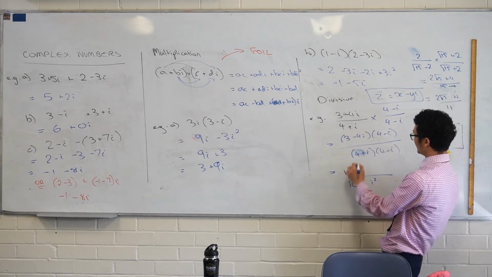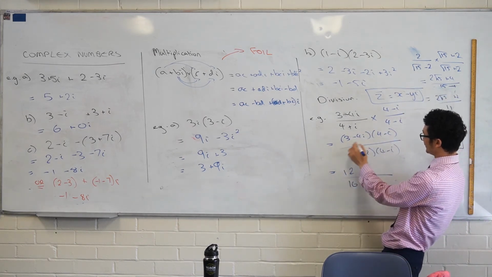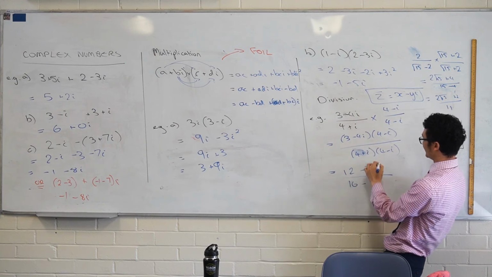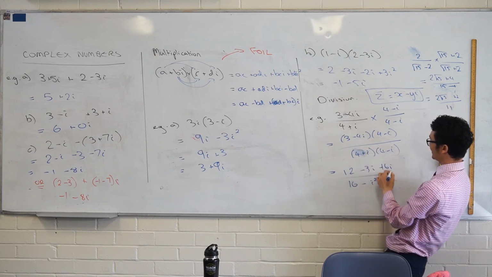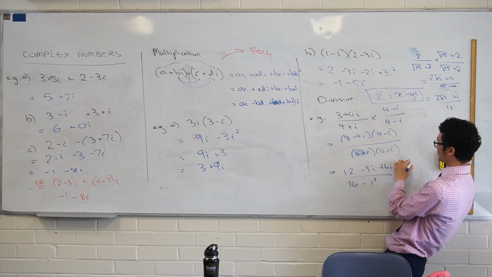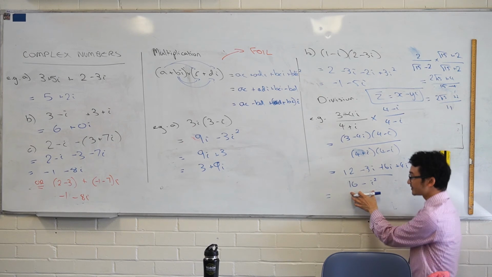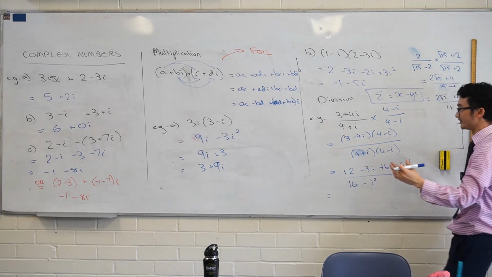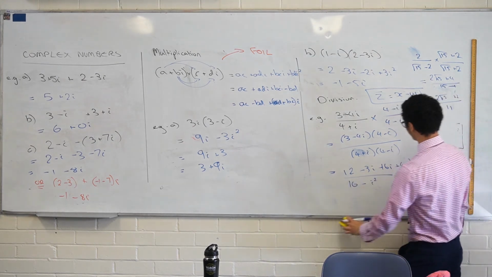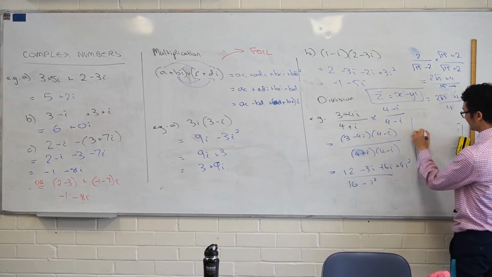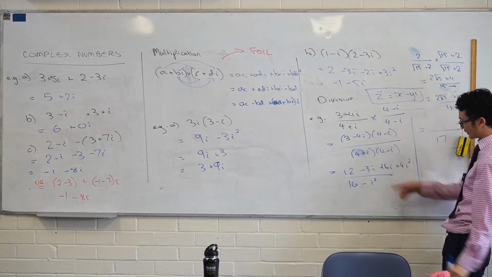We'll get 12 minus 3i minus 16i plus 4i squared. Yeah? Down 17. Yeah, and then this guy, 16 minus i squared, that's just going to become 17 in the denominator. So 17, and what are we getting in the numerator here?